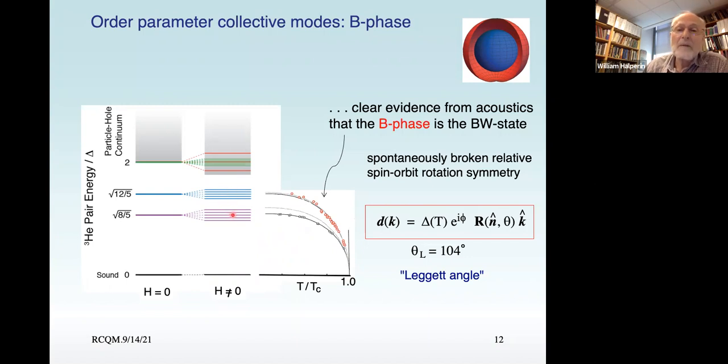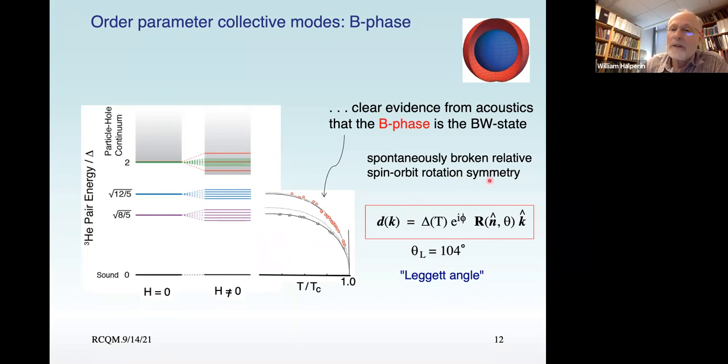I want to tell you a little bit more about that, not the whole story, but the most important aspect is that these microscopic states are a characteristic of the B phase, which has an order parameter that is defined in spin space as being proportional to a rotation matrix between orbital and spin space. And that rotation matrix is the manifestation of spontaneously broken relative spin orbit symmetry.